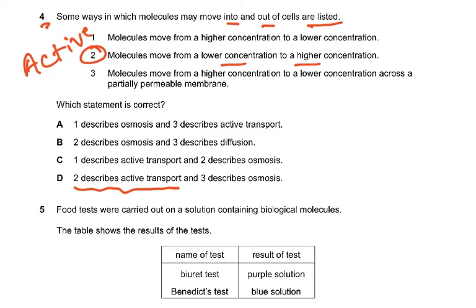There's no other one which says 2 describes active transport. 1 is not active transport. 3 is not active transport, because molecules move from a higher concentration to a lower across a partially permeable membrane. So 3 describes osmosis. More water molecules in a dilute solution will move to a concentrated solution across a partially permeable membrane, and that has to be osmosis. So across a partially permeable membrane is osmosis. In diffusion, a partially permeable membrane can be present and cannot be present as well.